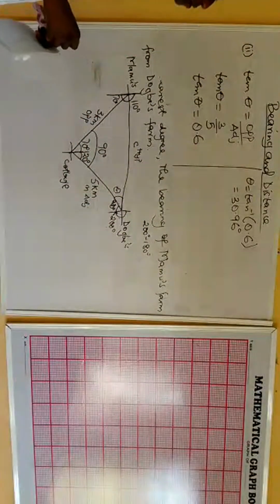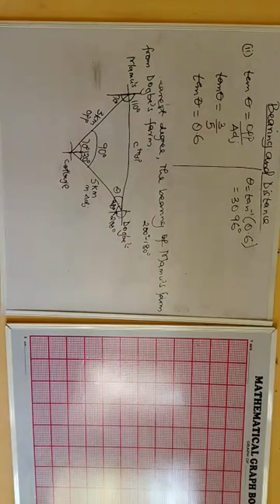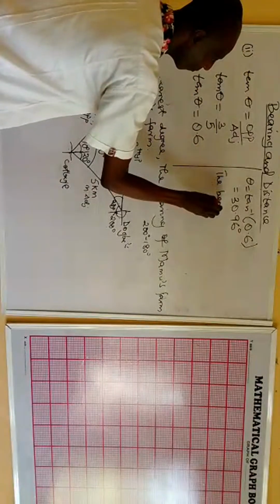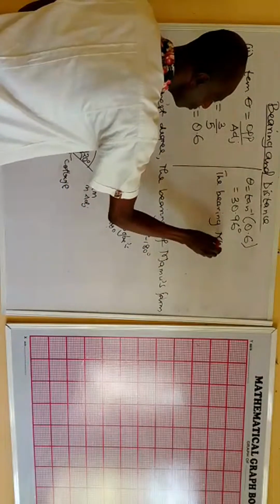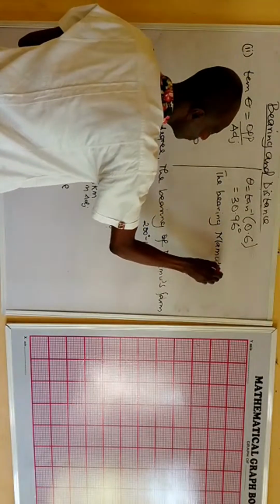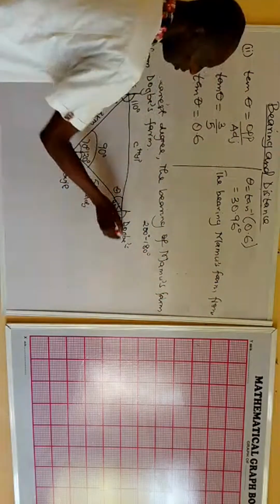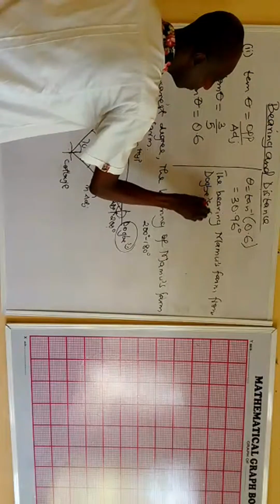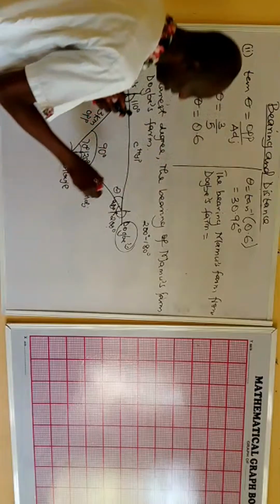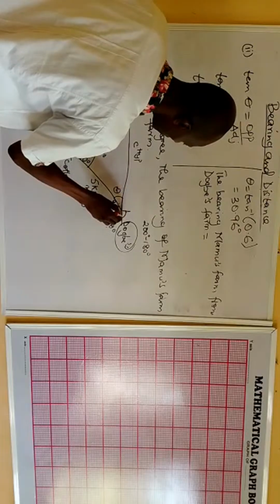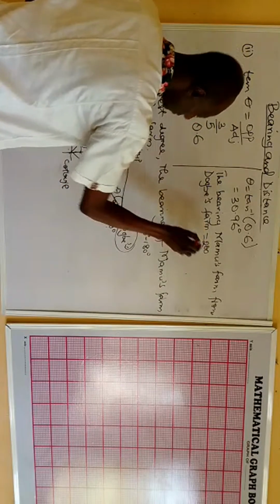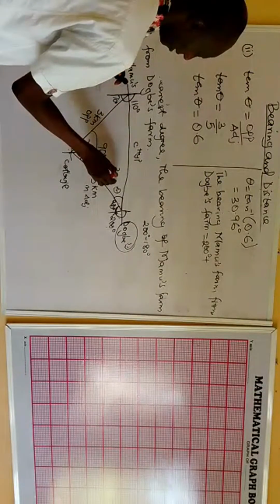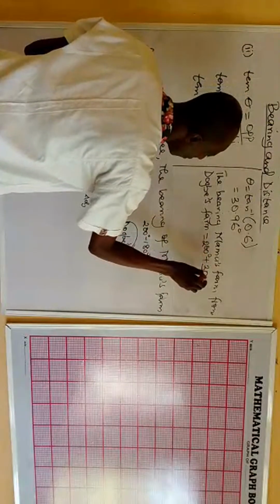But take note, we are asked to find the bearing of Mamu's farm from Dugbe's farm. As I told you, bearing moves in a clockwise direction. So, therefore, the bearing of Mamu's farm from Dugbe's farm, you now write 200 degrees plus our answer we've gotten here, 30.96.